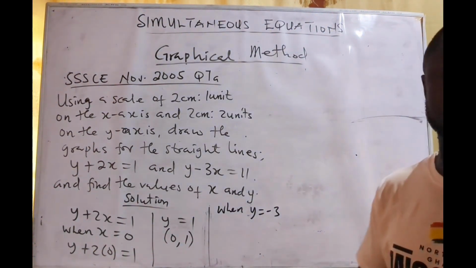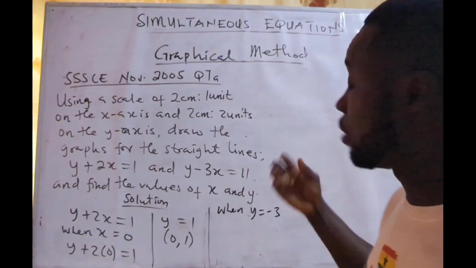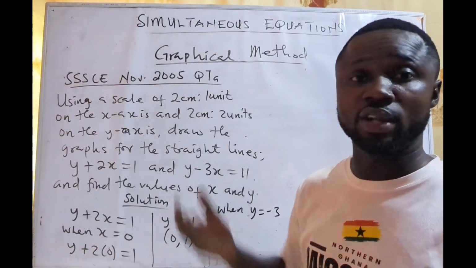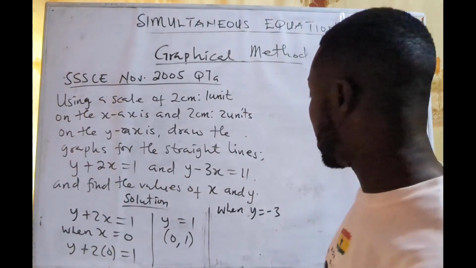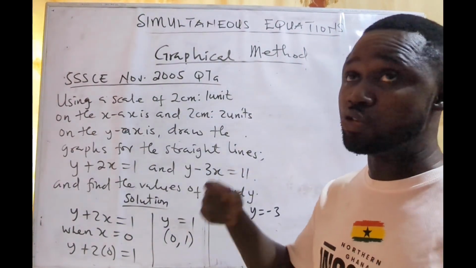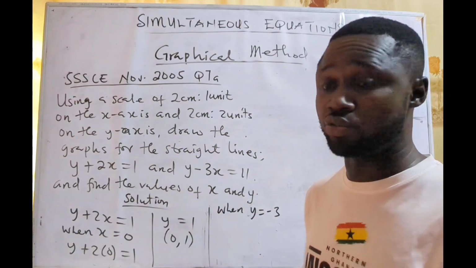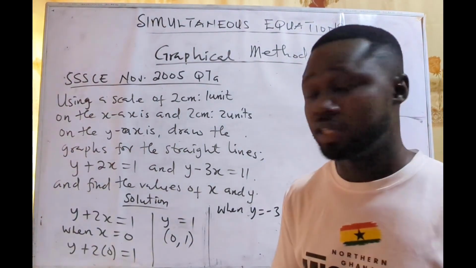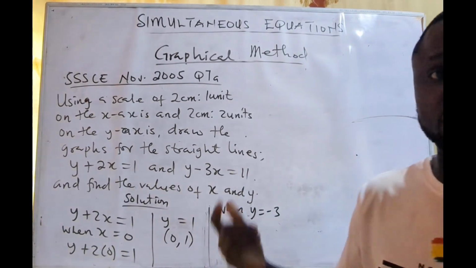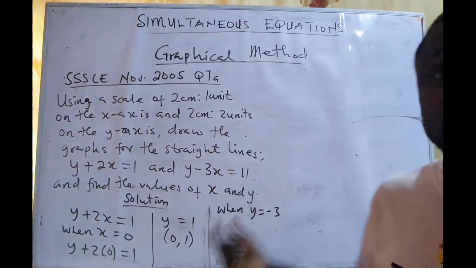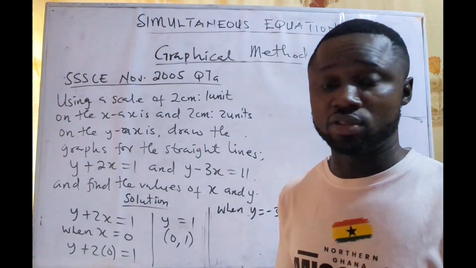Picking a point depends on you. Pick a convenient point that you can easily get on the graph, and then you plot. Sometimes you may pick a particular value for either x or y and you may get decimals, which will be difficult to locate on the graph. That is why you have to look at the equation you are given, pick a very convenient value, and then you can easily locate it on the graph.